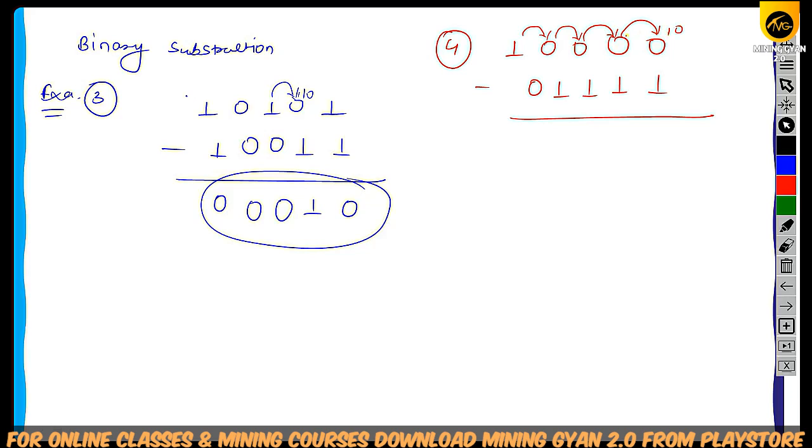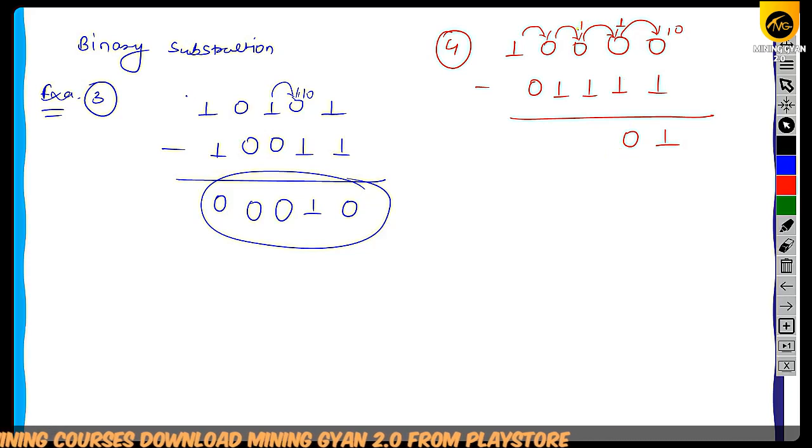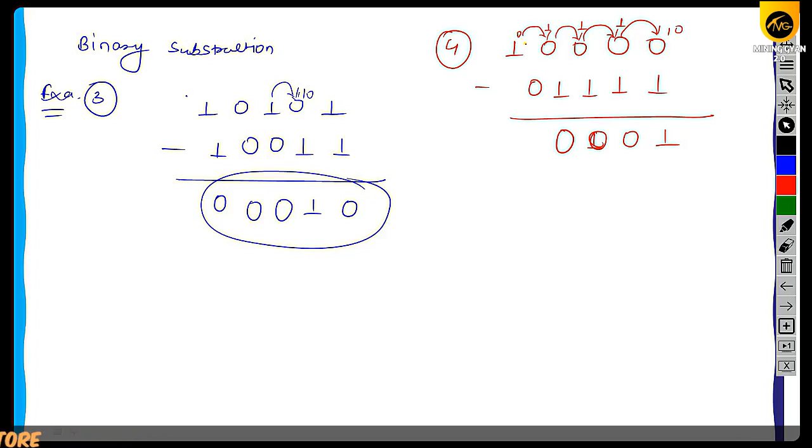Now it will become 10, so 10 minus 1 becomes 1. Now it's a 1, so 1 minus 1 becomes 0. Is it clear? Again this is 1, so 1 minus 1 is 0. This is 1, 1 minus 1 is 0. Now this will become 0, so 0 minus 0 becomes 0. So the answer will be 00001.